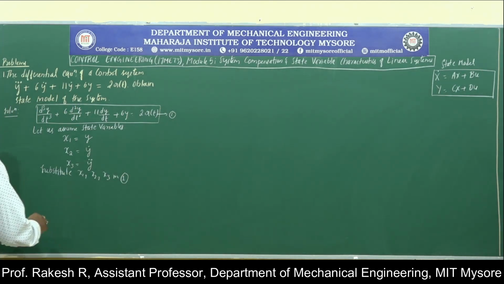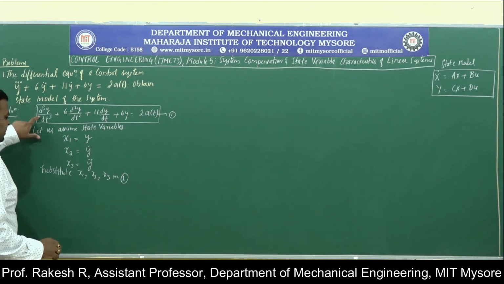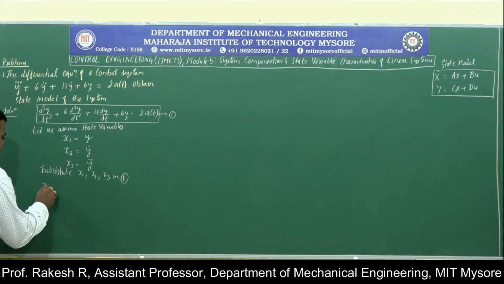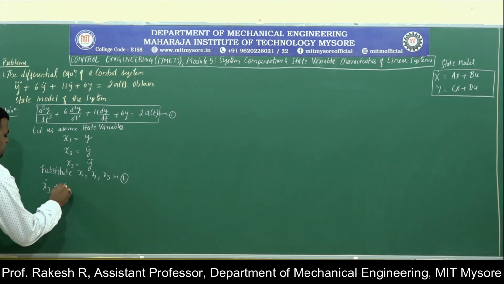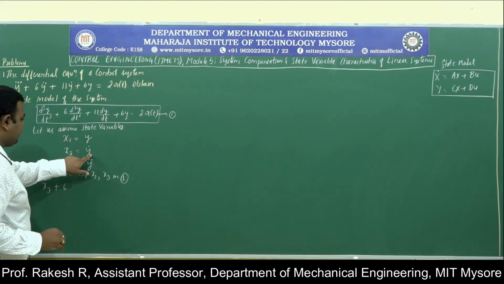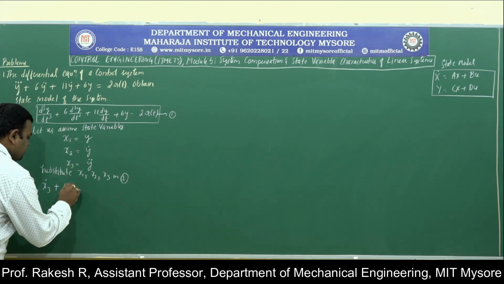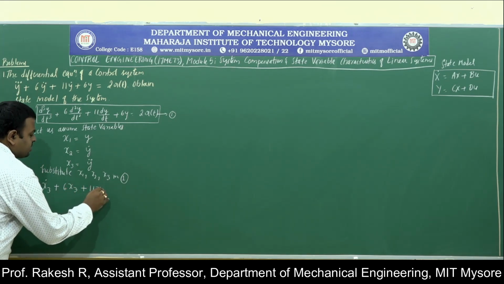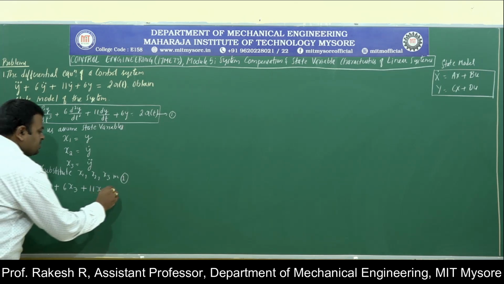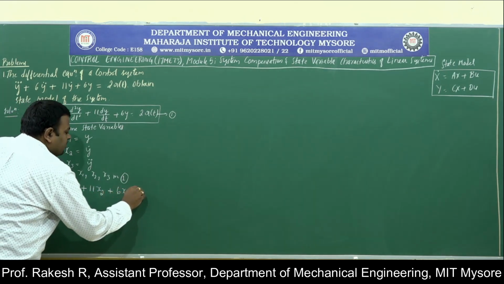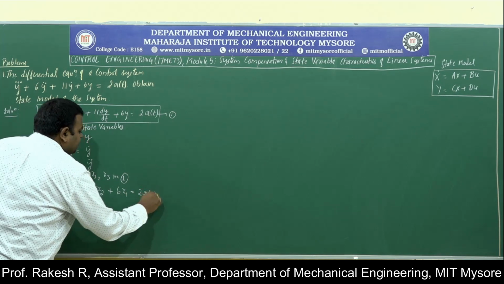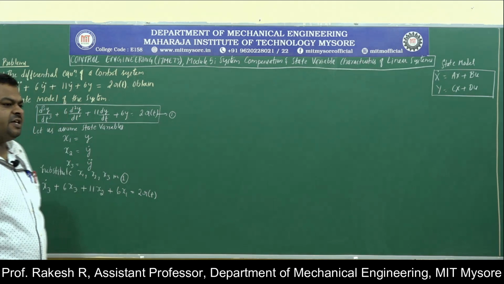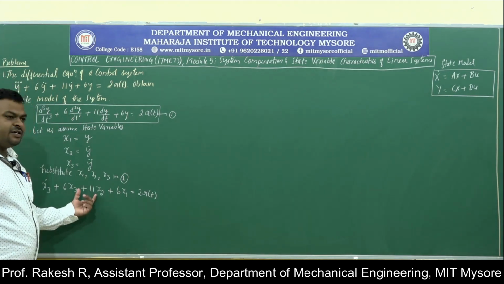If I substitute this, d cube y by dt cube, y triple dot, will be x3 dot, plus 6 into d square y by dt square, which is y double dot, 6x3, plus 11x2 plus 6x1 will be equal to 2 into r of t. That means the given differential equation is transformed into a state equation.